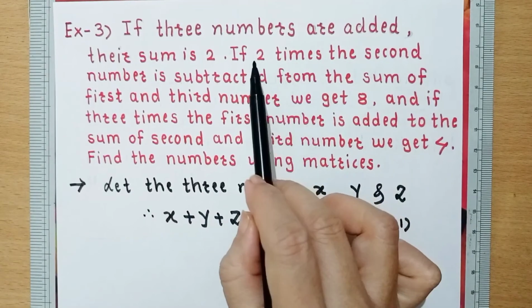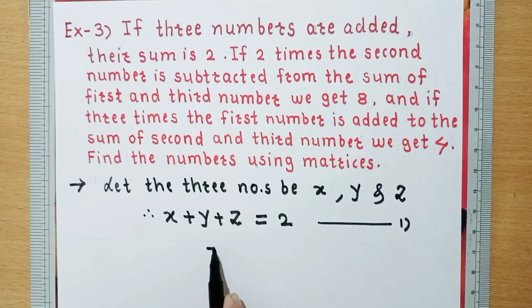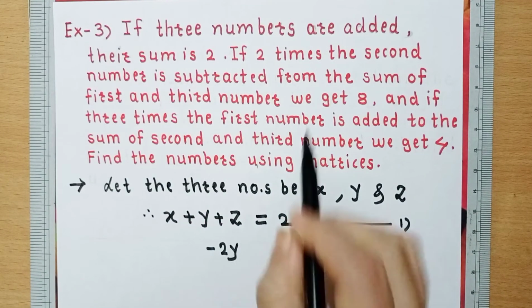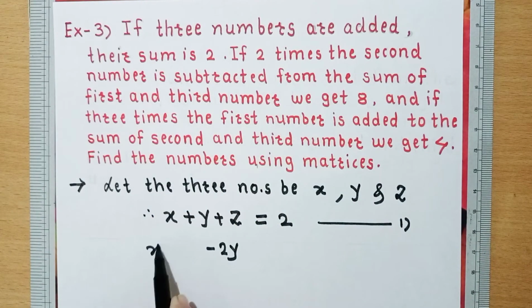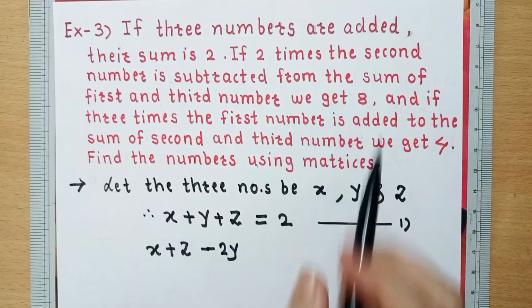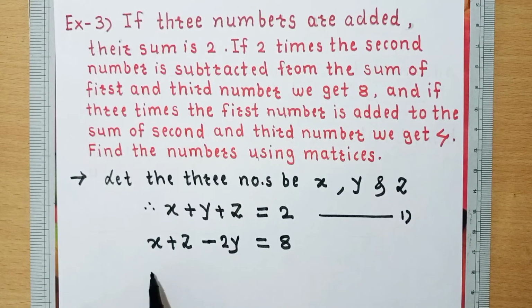Now check the second. If 2 times the second number is subtracted, so minus 2y, from the sum of first and third number, that means x plus z minus 2y, we get 8. So from this we write x, then minus 2y, and then plus z equal to 8.